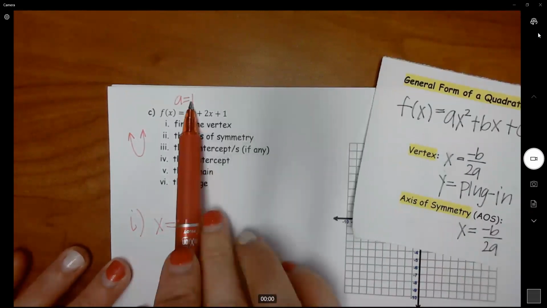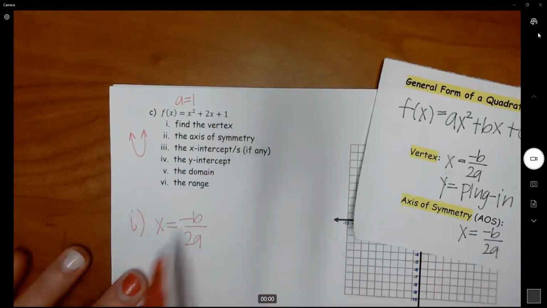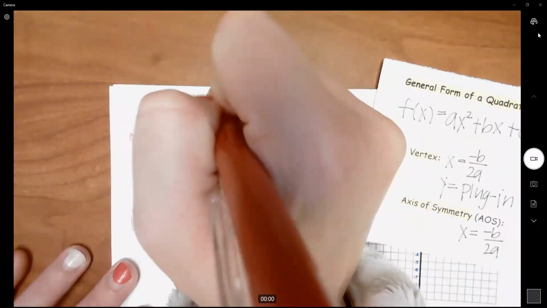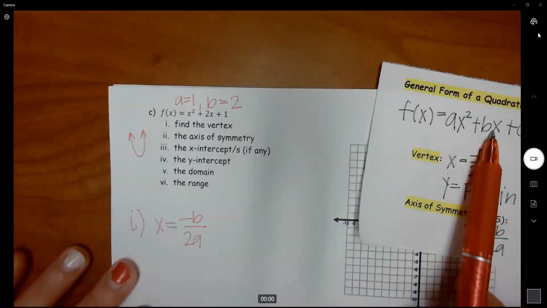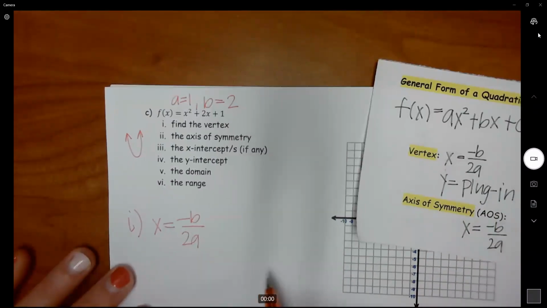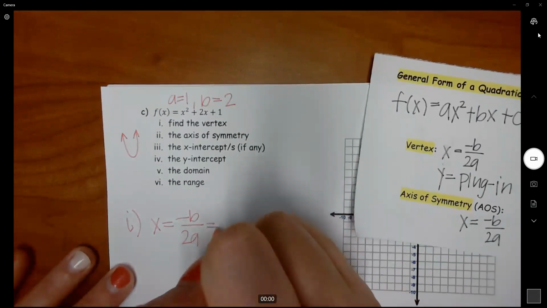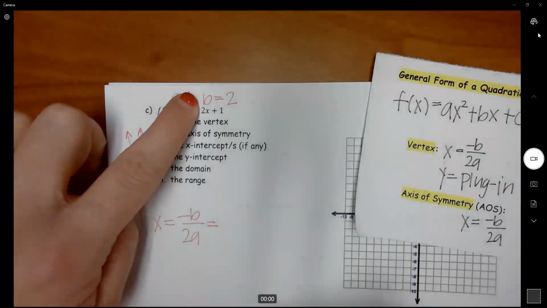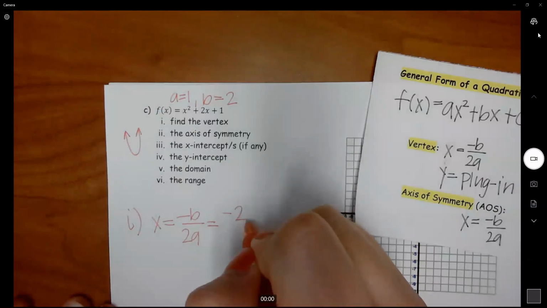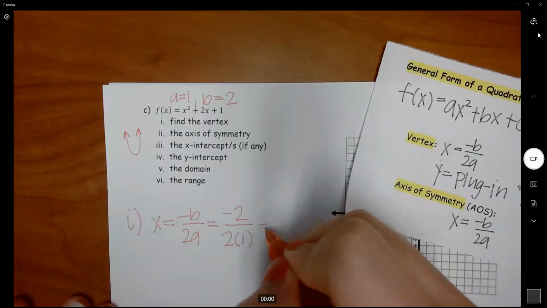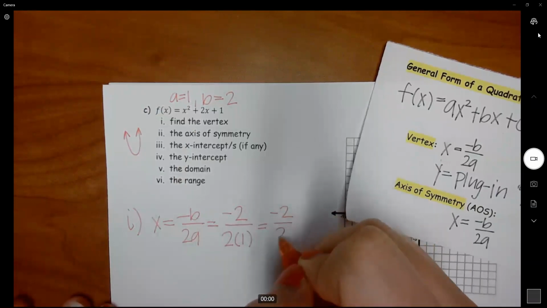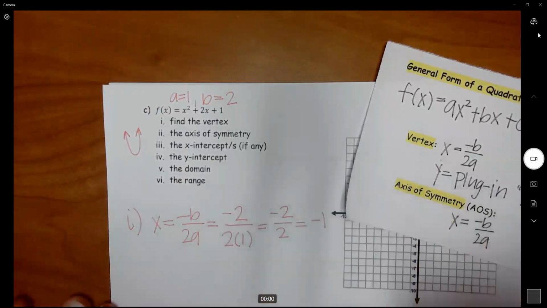I've already listed up here that my a is 1, but I also need b, and b is 2 because b is whatever's with my x. So plug in your information here. You've got negative b, so negative 2, over 2 times 1. So I've got negative 2 over 2, so negative 1.